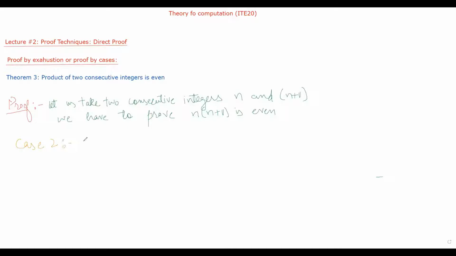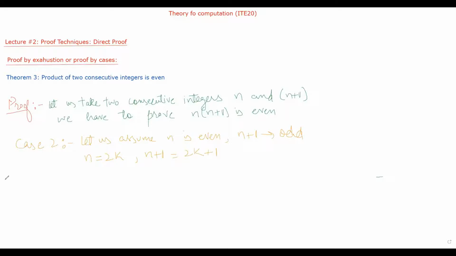Let's assume n is even, then n plus 1 will be odd. So if n is even, then n can be written as 2k, and n plus 1 will be equal to 2k plus 1.